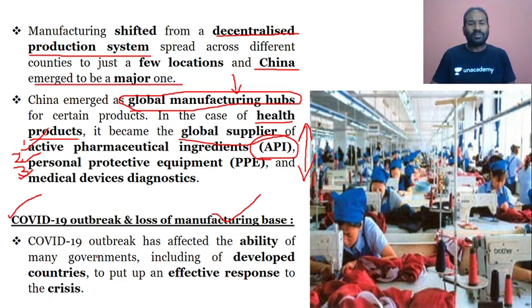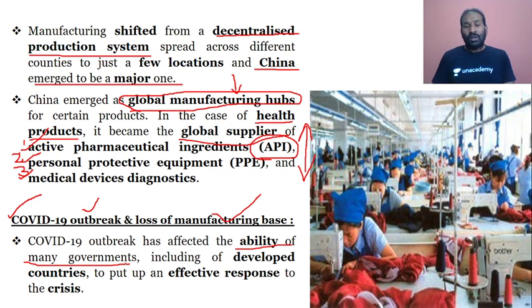So, in regards to the COVID-19 outbreak and the manufacturing base, the pandemic has impacted the ability of many governments, so that they are not in a position to handle the health crisis. It could be the US, Germany, or any other country across the European Union or Europe, or other developed countries, France, Japan, Germany, China.